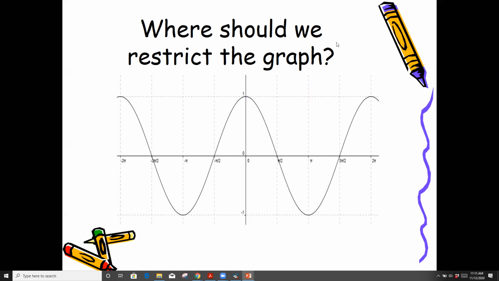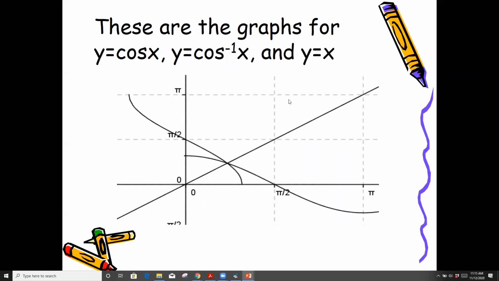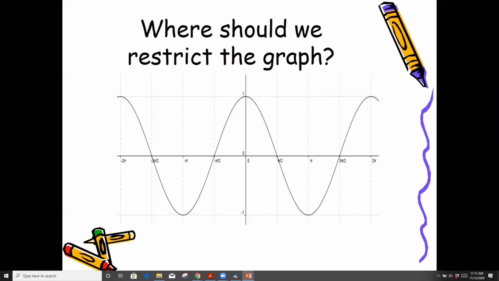If you ask that, you write the domain as the answer. So we're going to restrict the domain of cosine to be between 0 and pi, which means when we find the inverse and switch all our x and y's, the range for cosine inverse is going to be between 0 and pi.